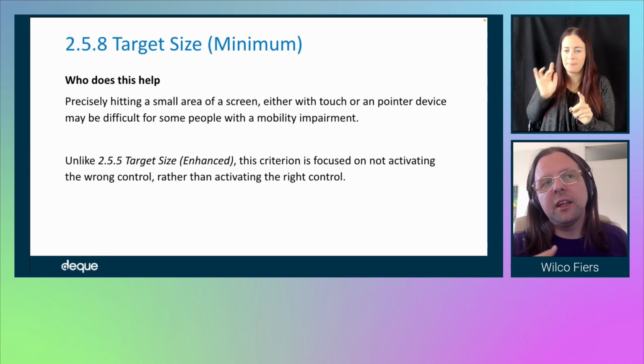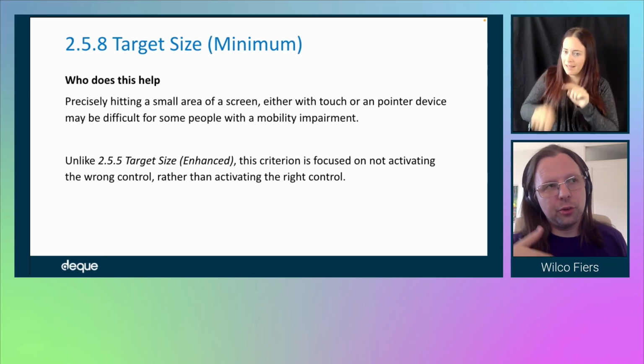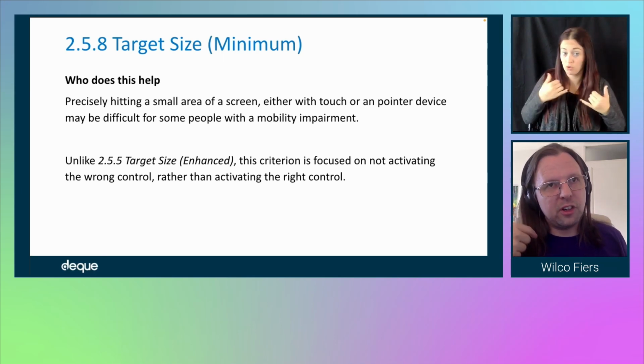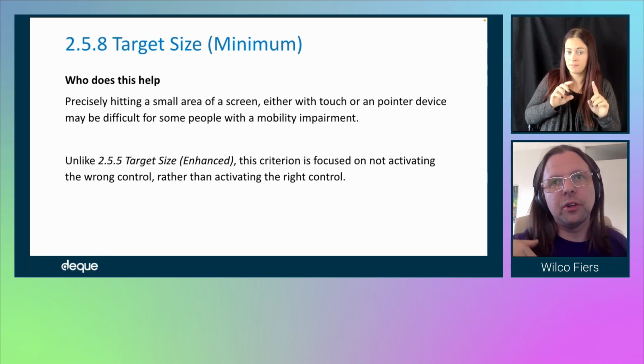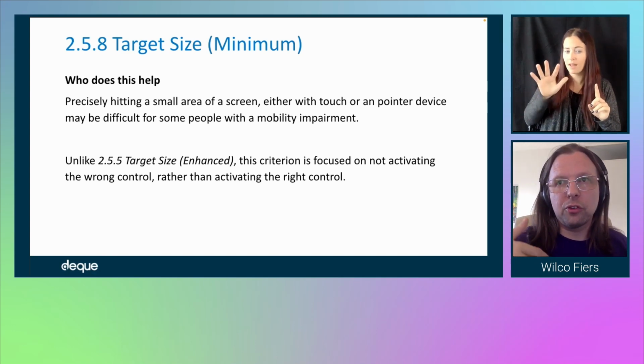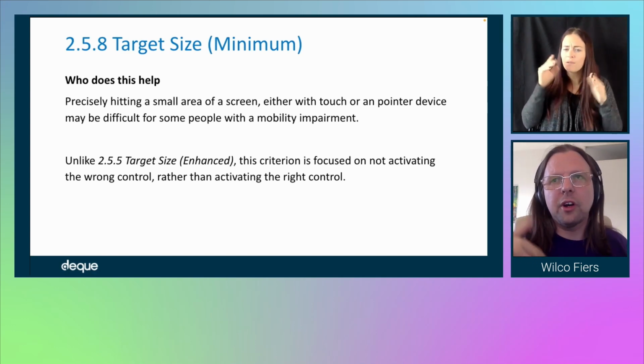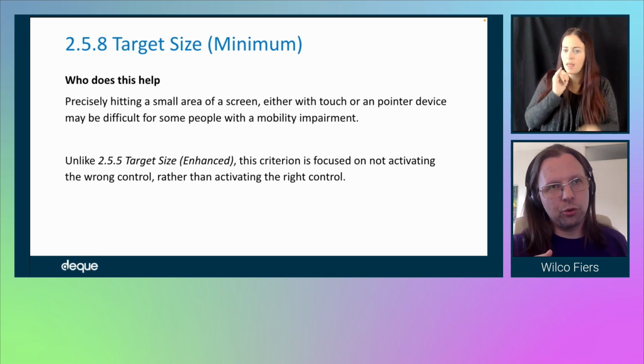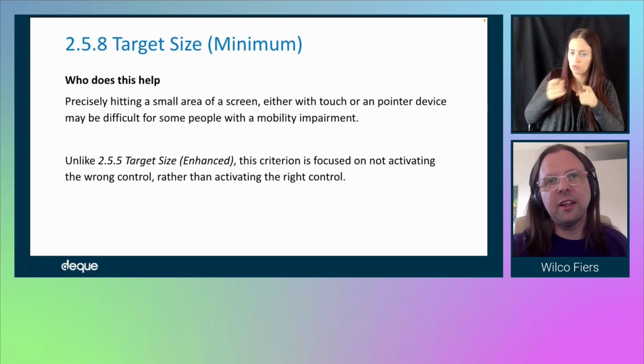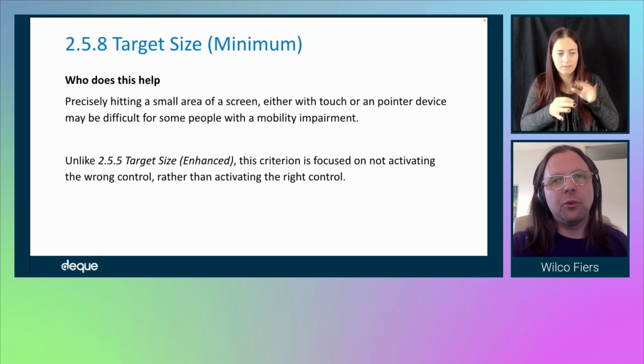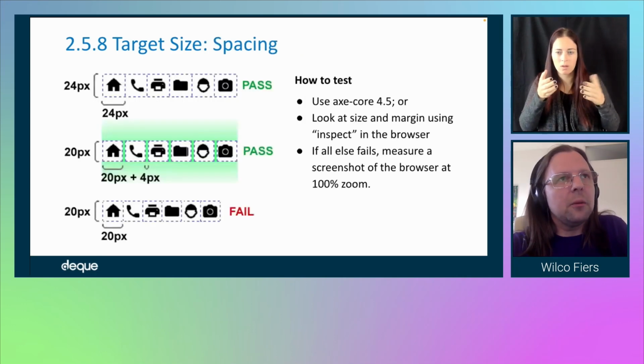And unlike the current success criterion 2.5.5 Target Size, which is a AAA success criterion, this criterion focuses on not accidentally activating the wrong control, rather than activating the right one. That's kind of where that spacing comes in.